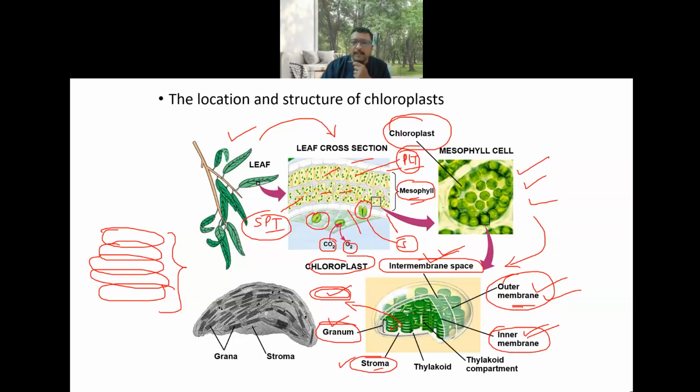There are a few extensions here which connect all these bundles. These extensions between one granum and another granum in the stroma are known as stroma lamellae or thylakoid compartment. These extensions are known as stroma lamellae.